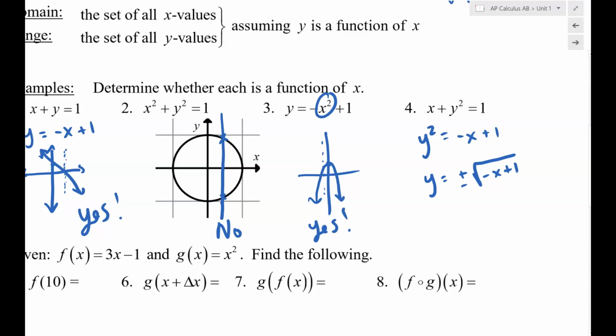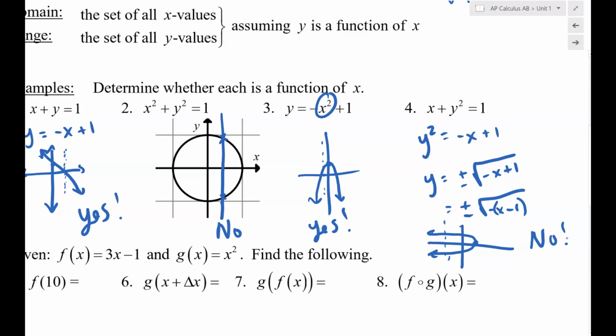If I take this a step further and factor out the negative on the interior, we get plus or minus the square root of negative x minus 1. Visually this is a sideways facing parabola shifted over 1, with a horizontal reflection. Notice in this example, this is not going to pass the vertical line test.